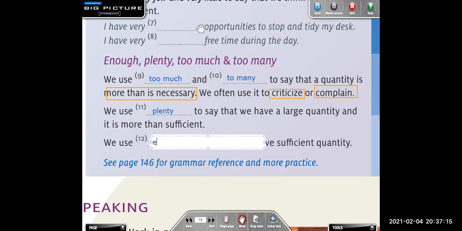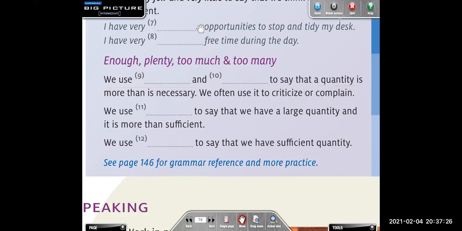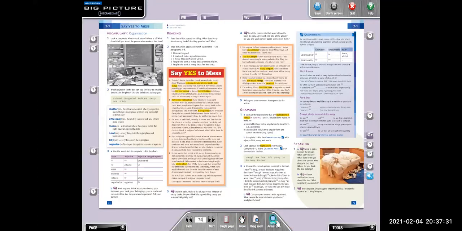Enough, right? Very good. So these are all the quantifiers that you can use. Questions until here? Any doubt that you have? Okay, good.